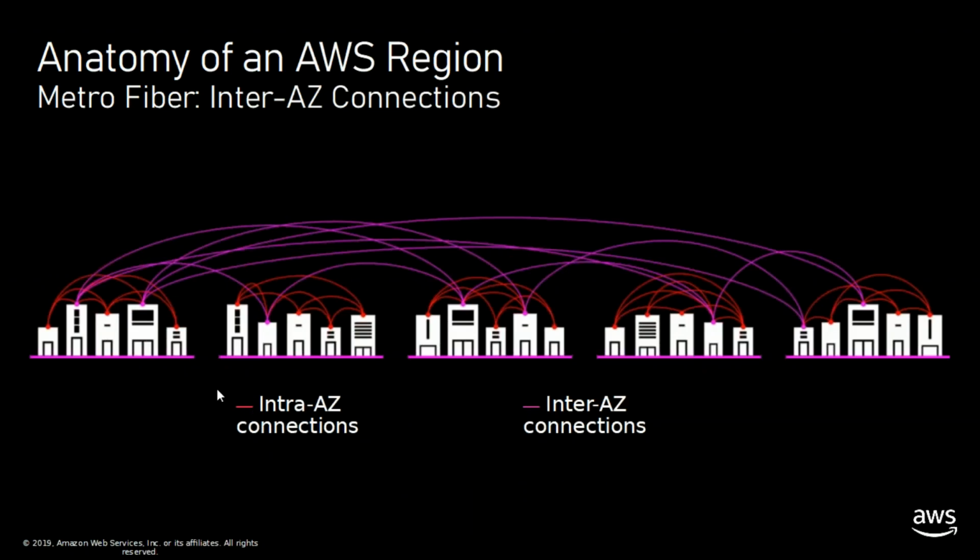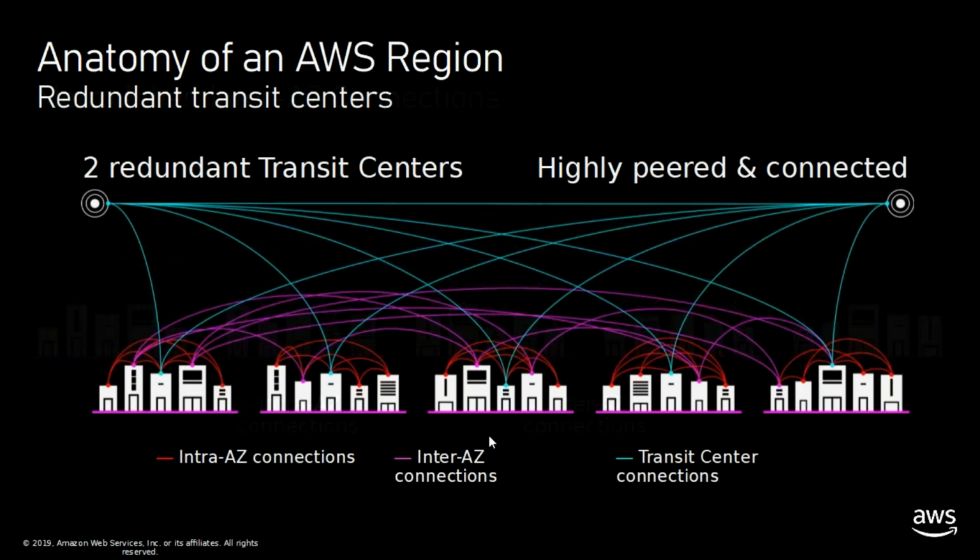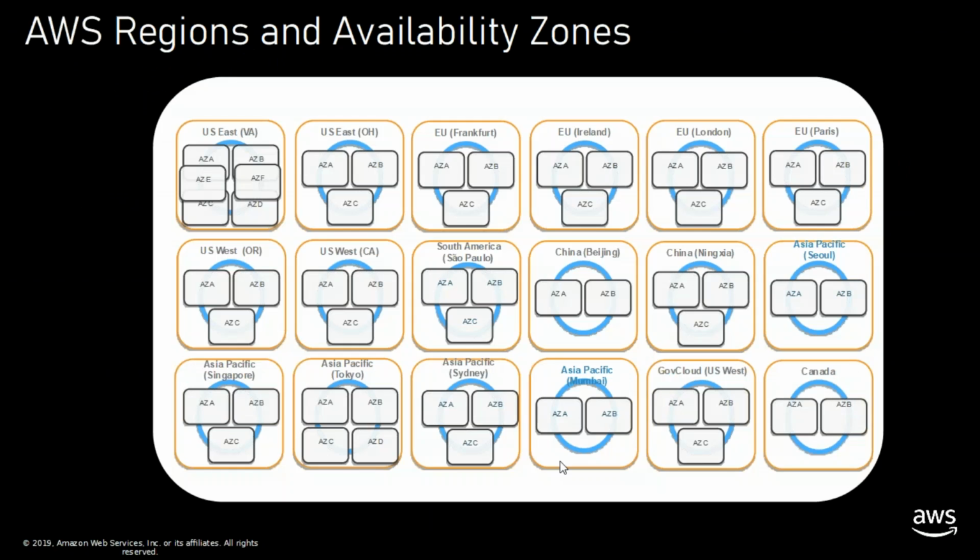And availability zones are interconnected also with other availability zones. Redundant transit centers. And these are the AWS regions and availability zones.